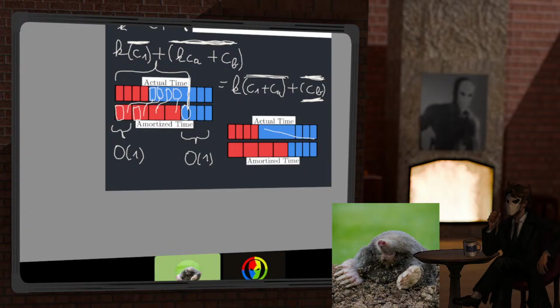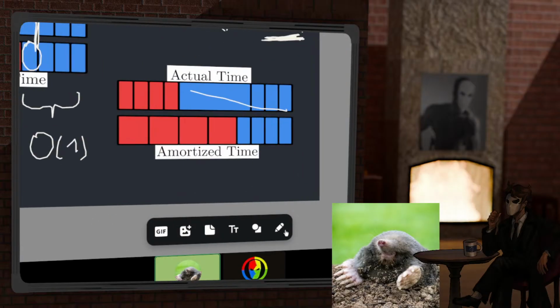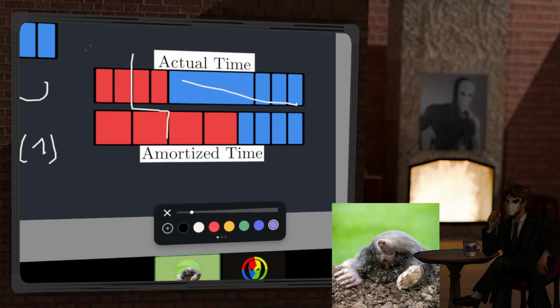The true method call should always stay, I am thinking. Yeah, I just said before that the amortized time should always be above the actual time. You could also see it as being that the actual time should always be below the amortized time.